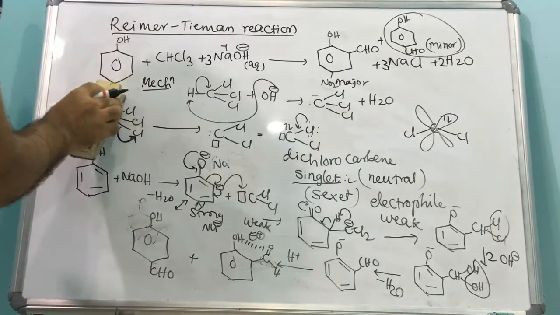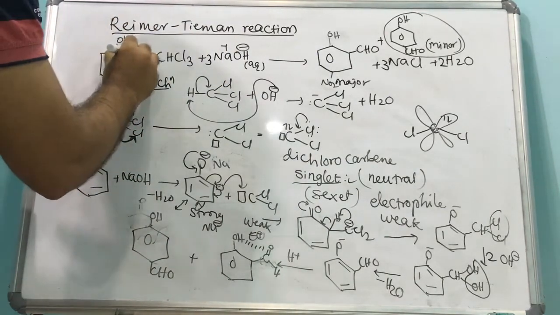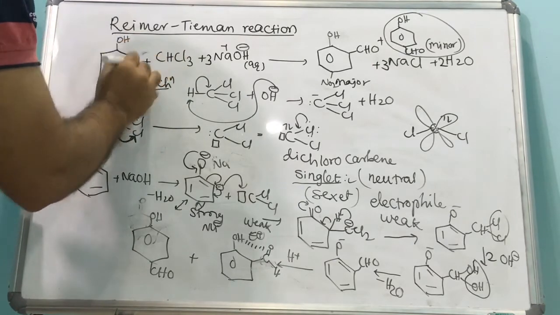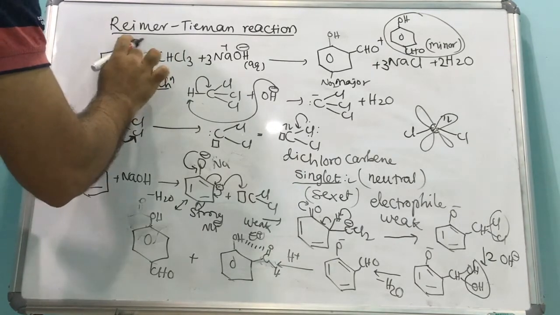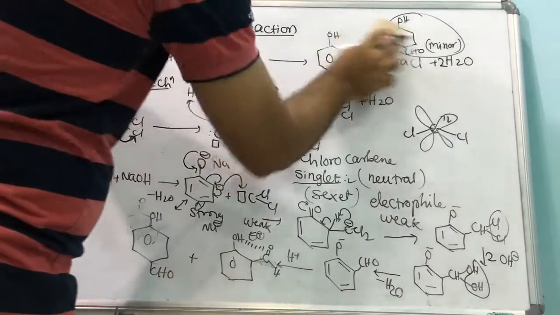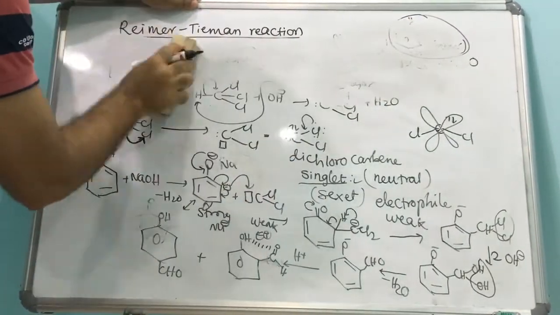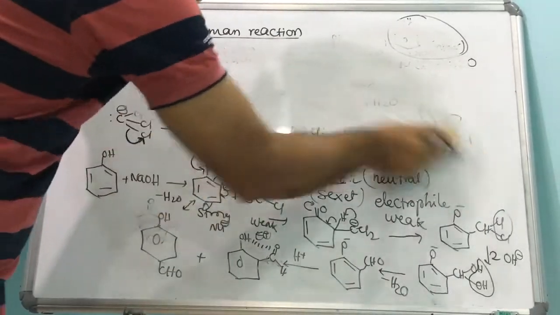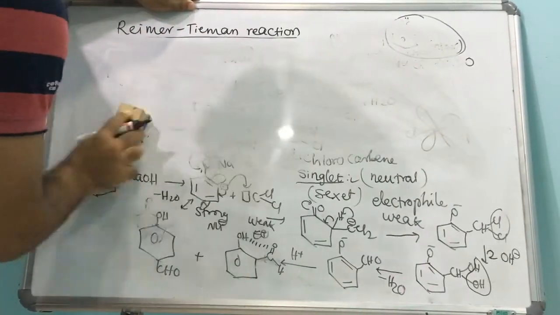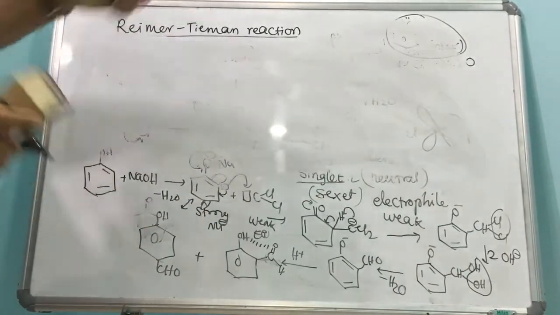Now one more: here OH, not over here, OH at the meta position. Then how many products are possible? I will write here, consider.